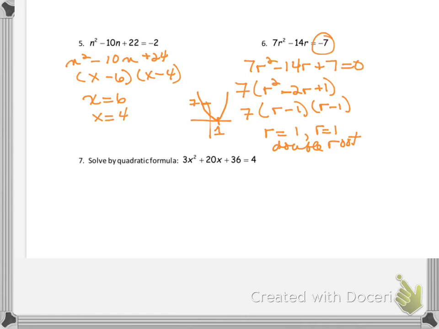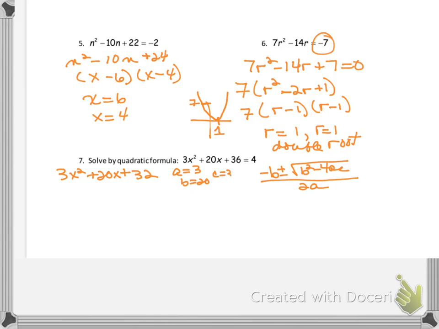Okay, let's do a quadratic formula. Let's just refresh as to what it is. Negative b plus and minus the square root of b squared minus 4ac all over 2a. Okay, clean this up. 3x squared plus 20x plus 32. If they want to do quadratic formula for this, we have to just define our a's, b's, and c's. A is 3, b is 20, and c is 32.